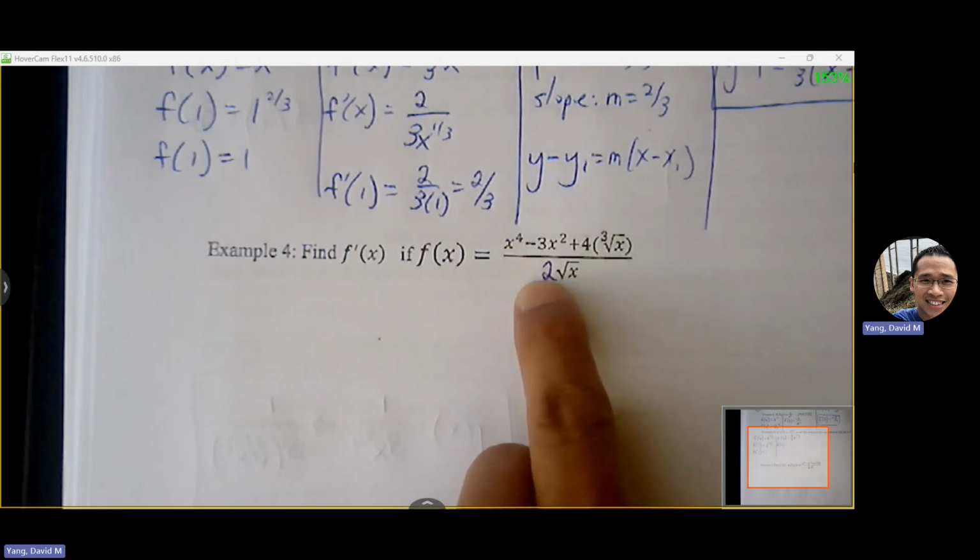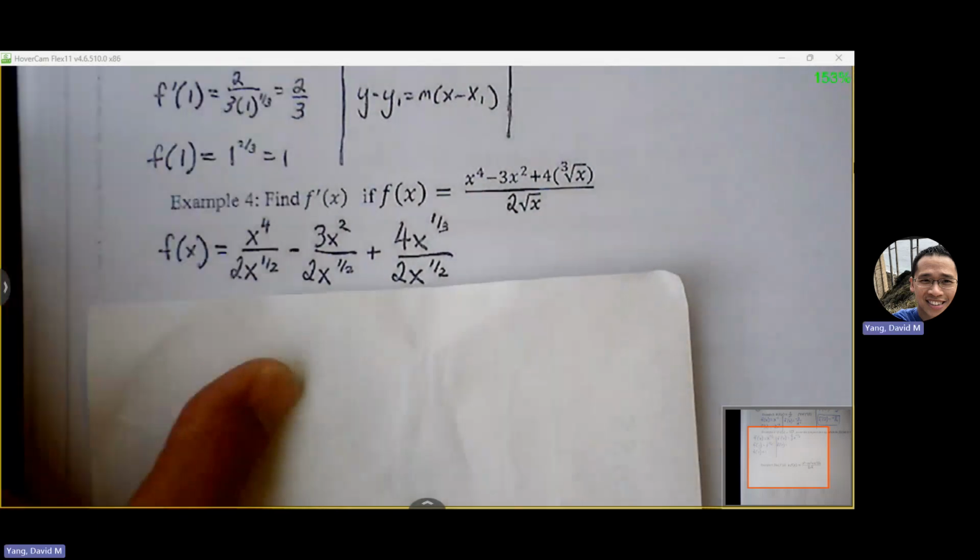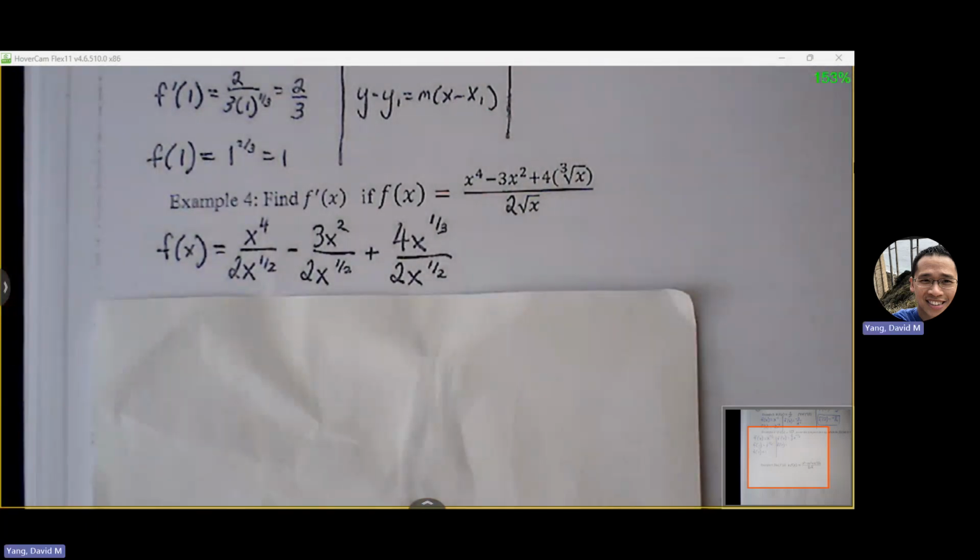I'm going to begin to separate them into individual problems, three individual problems. And once I get them separated, then I can treat them on their own. But right now, we can't do power rule as it stands because these are not yet separated. So my first step is forcing every numerator to see that 2 root x, which I convert to 2x to the 1/2.